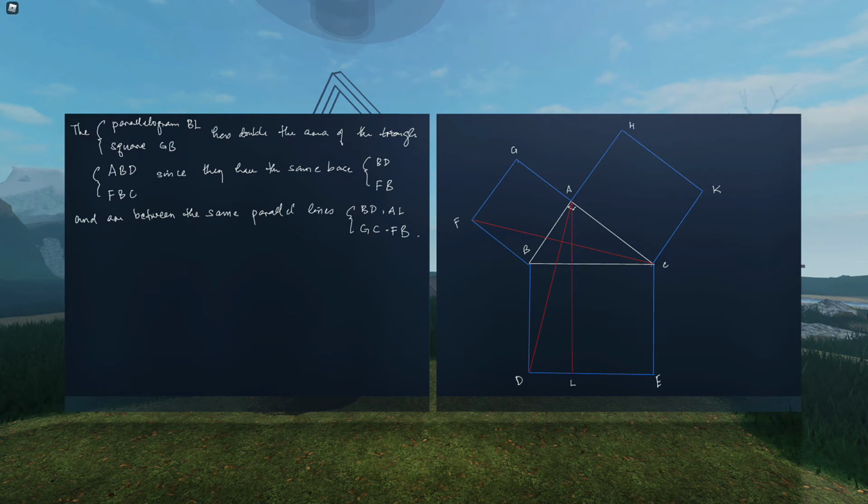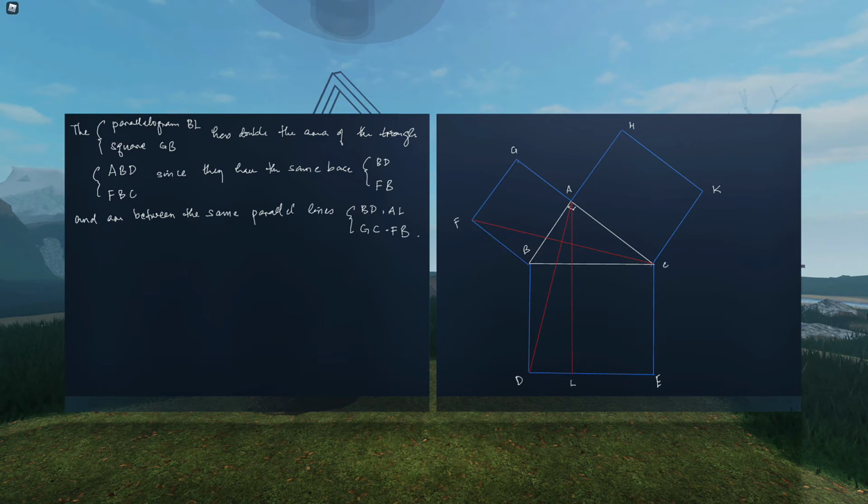Okay, so that's fine. The other conclusion we want to make is that the parallelogram BG, which is this guy over here, it's actually a square, that has double the area of this little triangle here. Because they share the same base, and the base they share is FB, which is this line here, and they're between two parallel lines.